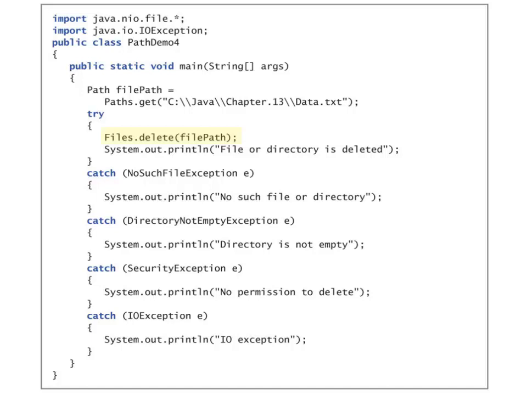If you attempt to delete a directory that contains files, a DirectoryNotEmptyException is thrown. If you try to delete a file but you don't have permissions, a SecurityException is thrown. Other input-output errors cause an IOException. This program displays an appropriate message in each of the preceding scenarios after attempting to delete a file.